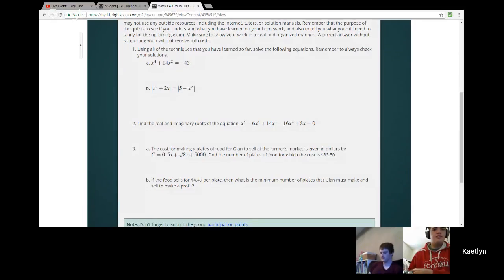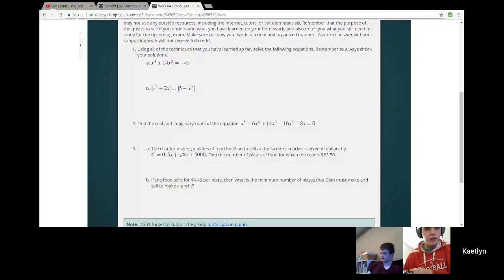So you have x to the fourth minus 6x cubed plus x squared minus 16x plus 8. And then we automatically have one of our answers is 0 because it's all times x. You put in 0 and it's 0, so that's one of the roots.